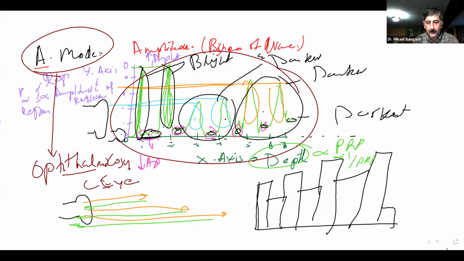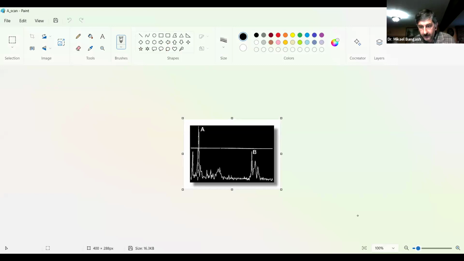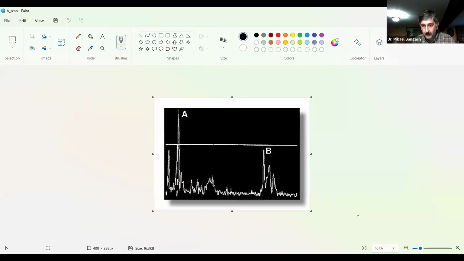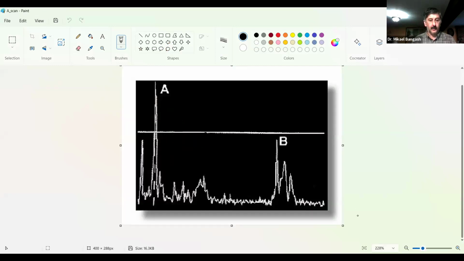Now, you guys may see this scan here, right?